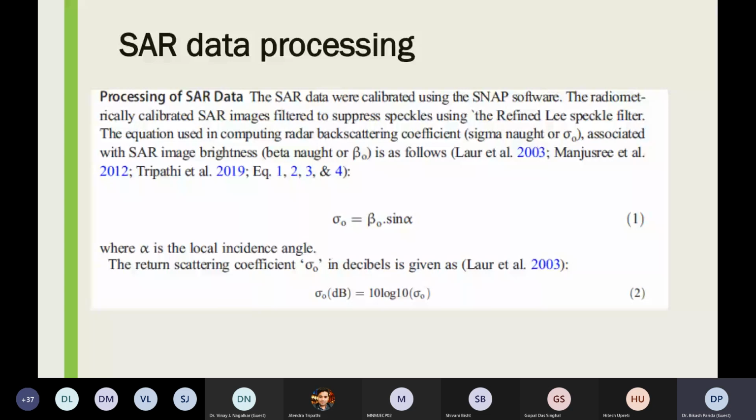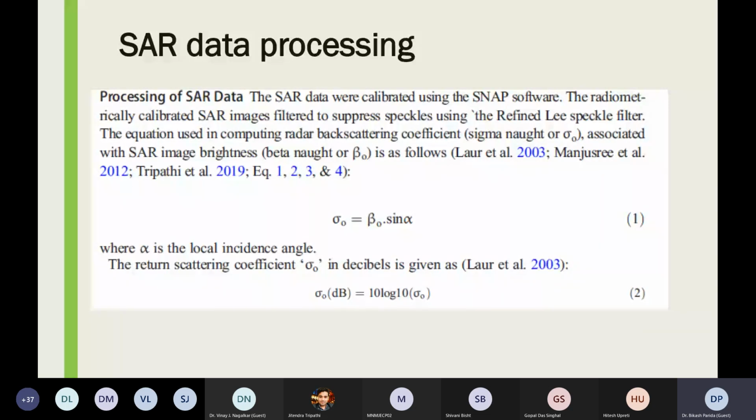Regarding the processing of the SAR data, what we get is the data in slant range. That is the SAR brightness data, which is called beta naught. That is the slant range data we get directly from the SAR data, and to work better, we convert slant range data to ground range.